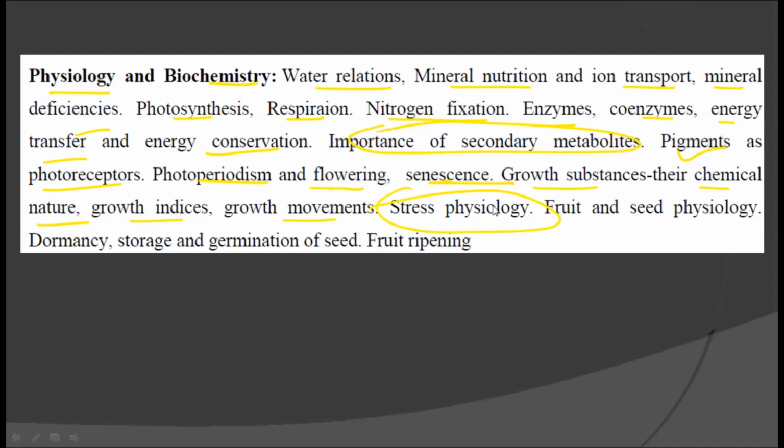Then you have to study the stress physiology, then fruit and seed physiology, then the concept of dormancy, storage and germination of seed, and at last you have to study the fruit ripening. All right. So the physiology and biochemistry covers nearly all the life processes which are occurring in the plant cell, and we have to study not only the physiology but also the biochemistry of such processes.